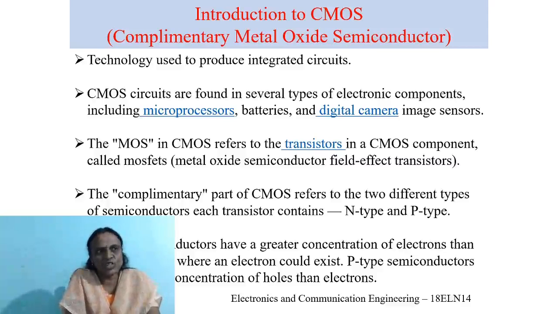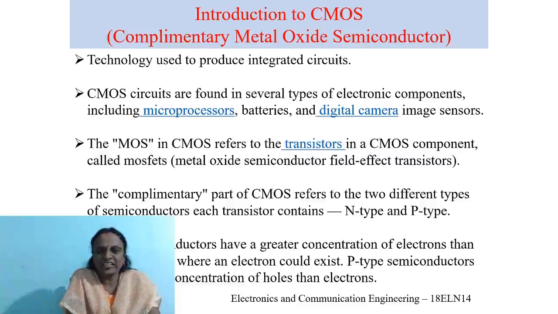Each MOSFET includes two terminals, the drain and source, and a gate, of course, which is insulated from the body of the transistor.